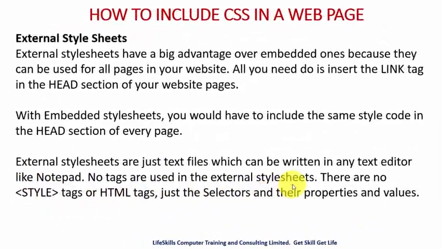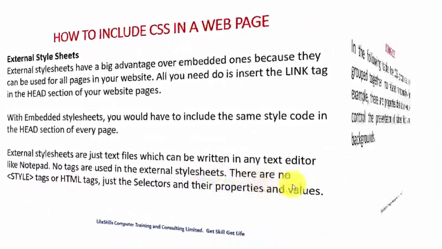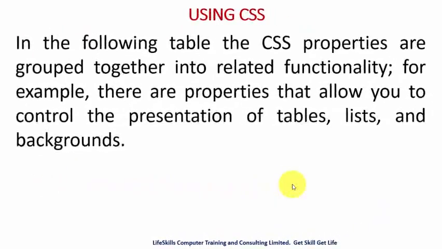Now, so I'm taking time to explain style sheet here. Using CSS, in the following table, the CSS properties are grouped together into related functionality. For example, there are properties that allow you to control the presentation of tables, list, and background.